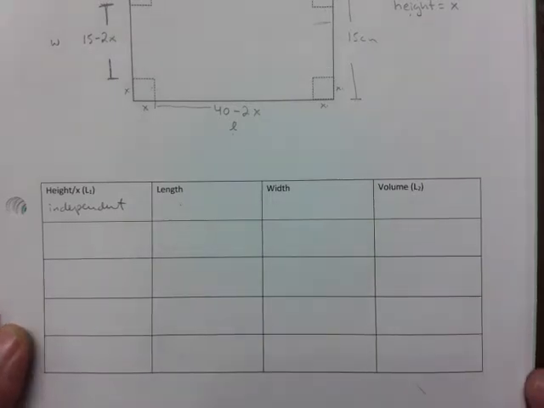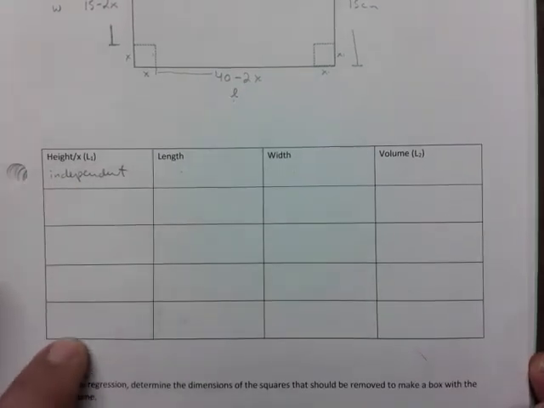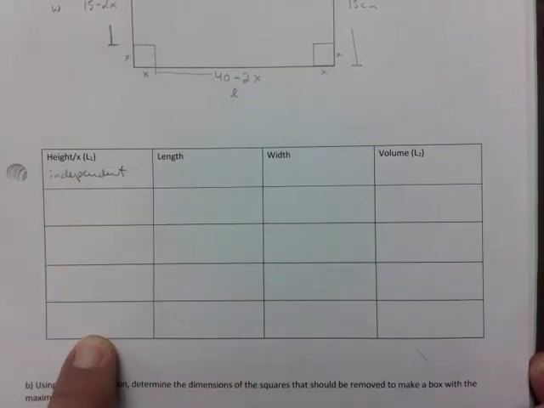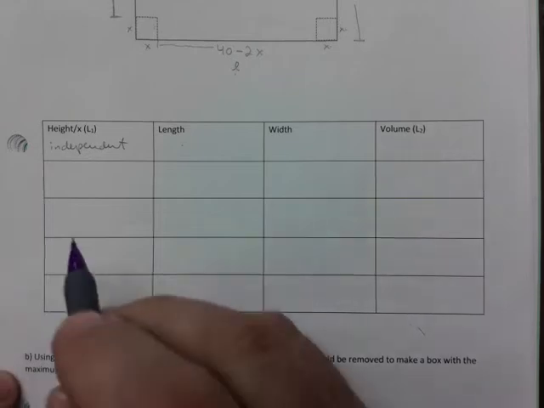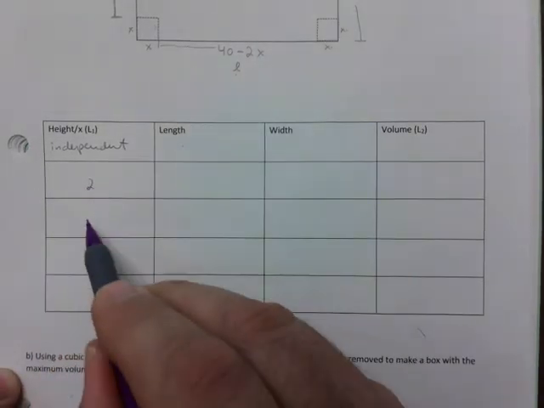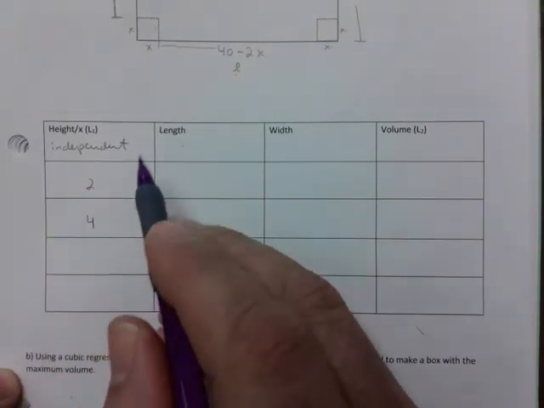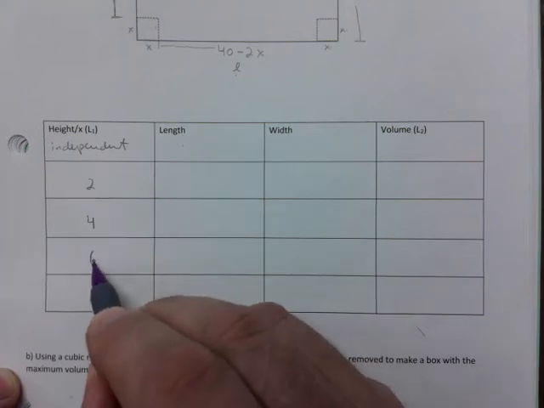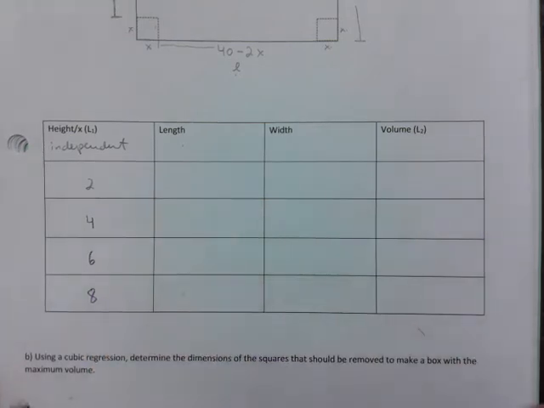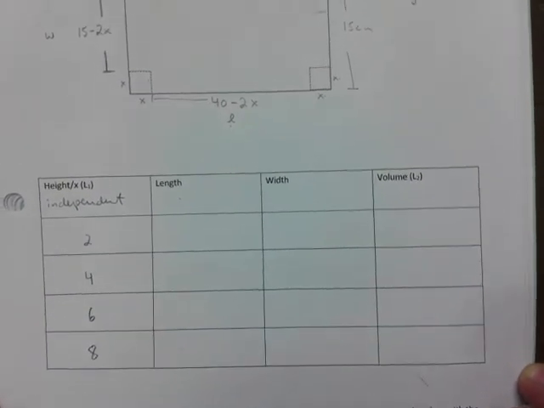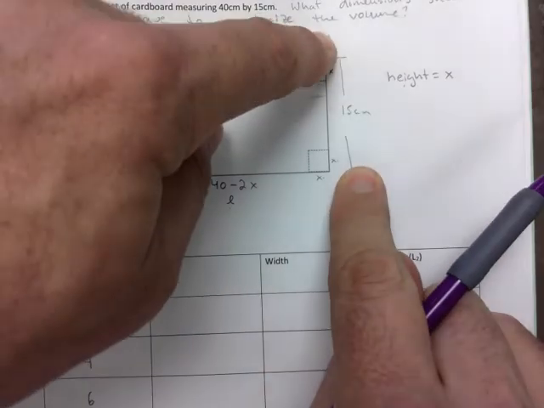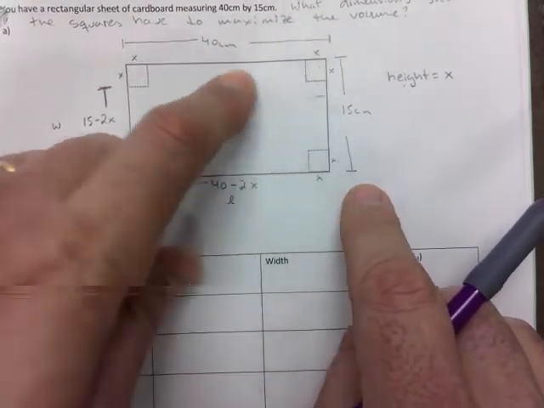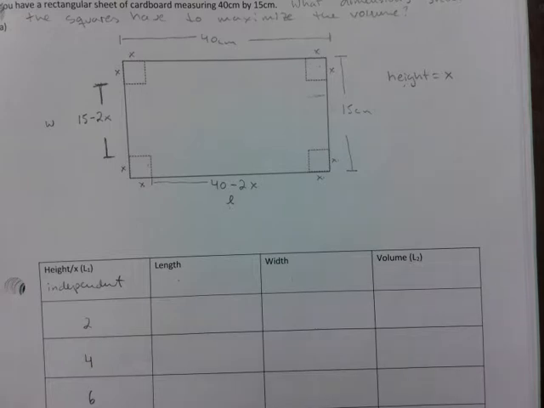I will tell you that it doesn't matter what x values you pick. It's just like the fencing question when we did the quadratic in grade 11 applied, which I will also do. If you let x, the height of that box, be 2, 4, 6, 8, you want to look at the sizes, the cardboard measures 40 by 15, and keep it within reason, even though it doesn't matter.